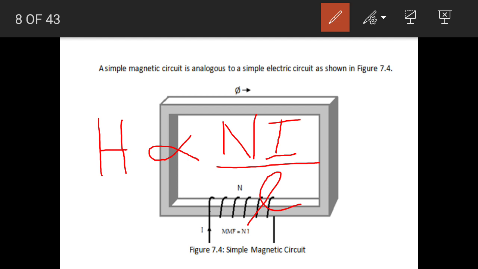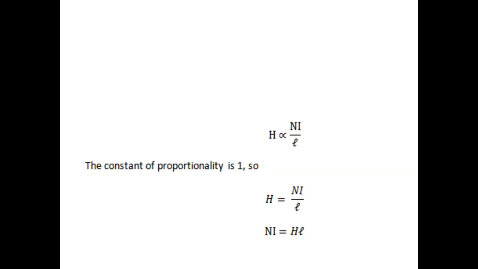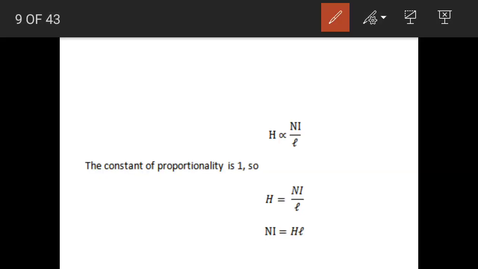So let us consider this mathematical relationship on the next slide. The magnetic field intensity is directly proportional to the number of turns of the winding. It is directly proportional to the current in the winding, and it is inversely proportional to the mean length of the winding.